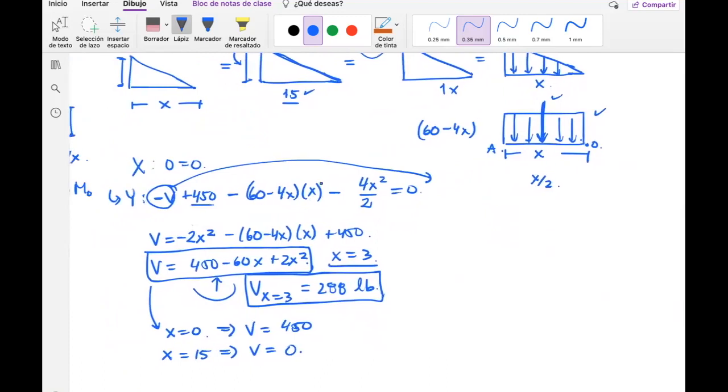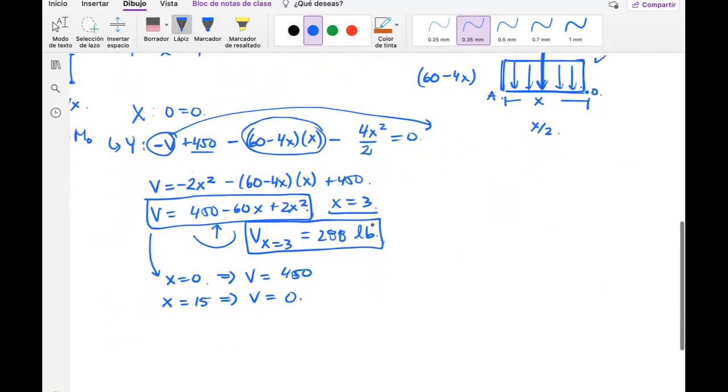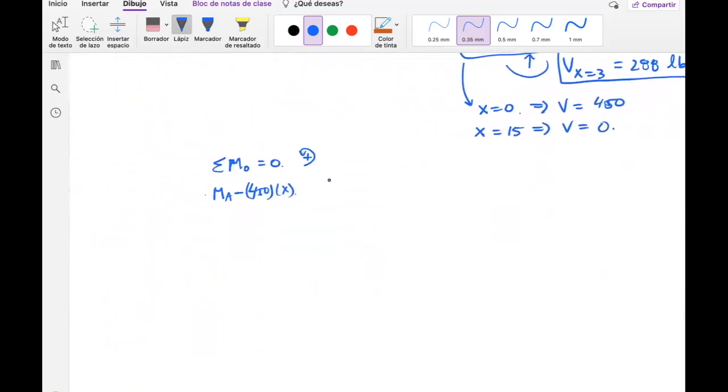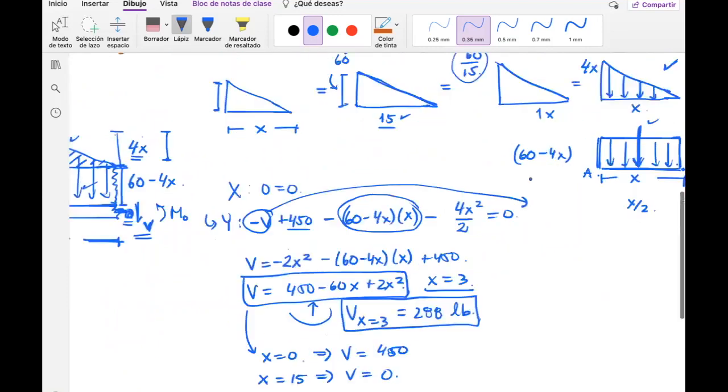Maybe you remember, this is the resulting force belonging to this rectangular distributed load. So I just need to write that again, minus 4x times x. So far it's just the force, and then I'm going to multiply it by the distance where that force is located regarding point O.